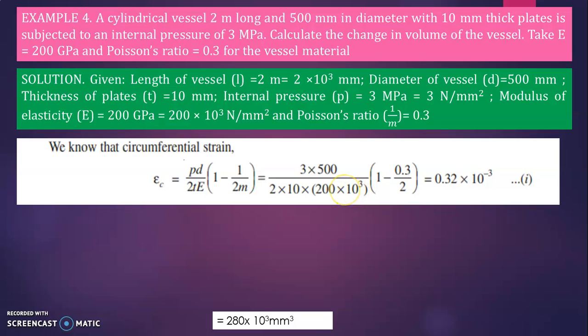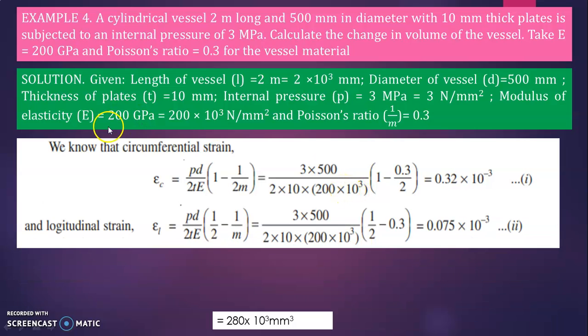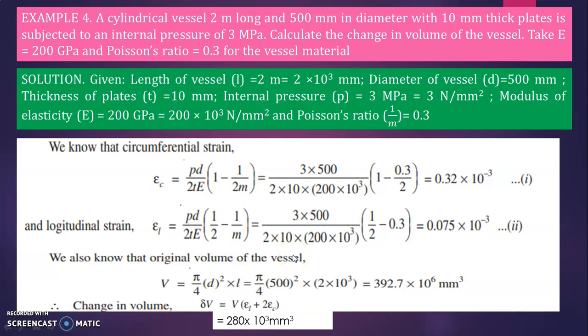First we'll calculate the circumferential strain, that is PD divided by 2TE into 1 minus 1 by 2m. Substitute all the values, you get this as the circumferential strain. Then longitudinal strain, use the formula and find. Then volumetric strain is equal to longitudinal strain plus 2 times circumferential strain.